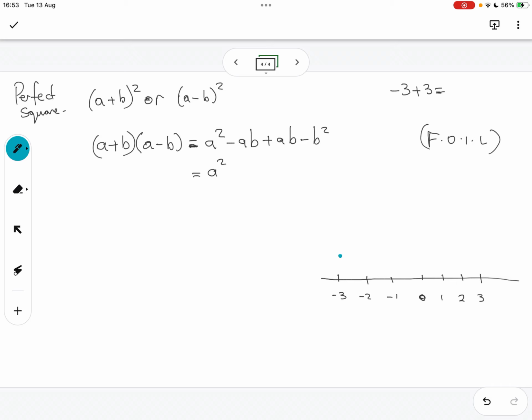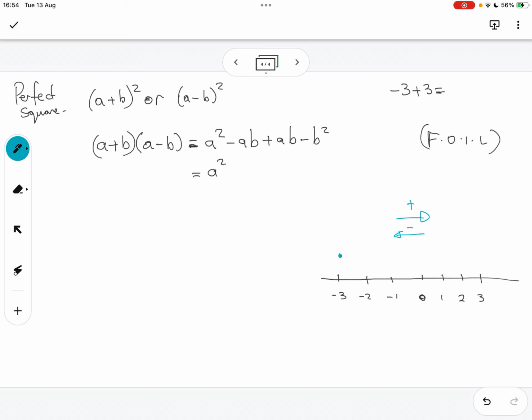Which direction do we go? Forward. Like in this direction or in that direction? To the right. Okay. To the right is plus, to the left is minus. Very well for realizing that.